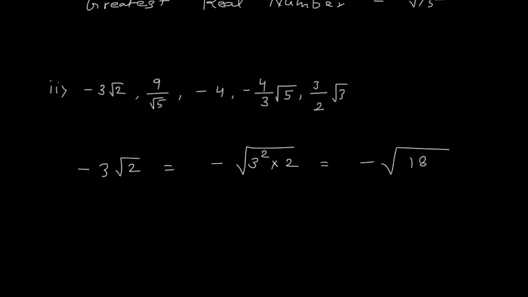Then 9 upon root 5, this is 9 root 5 divided by 5, which is 1.8 root 5.